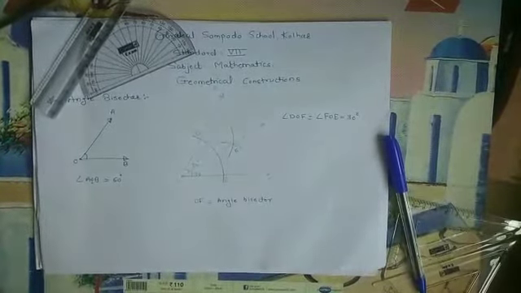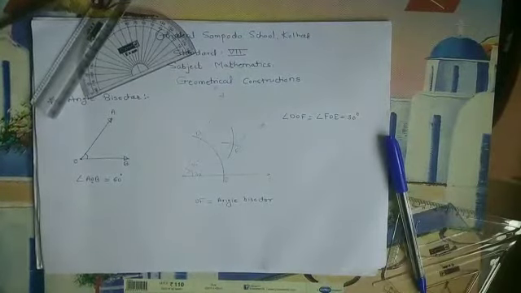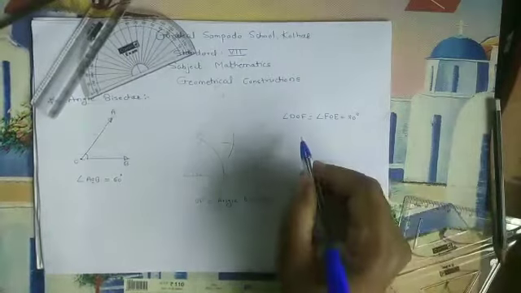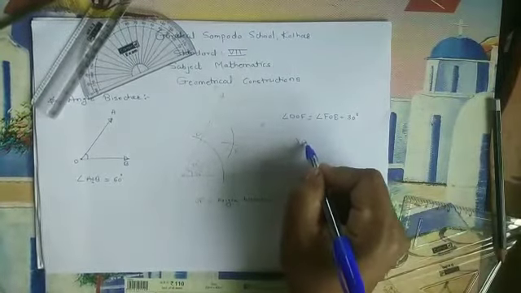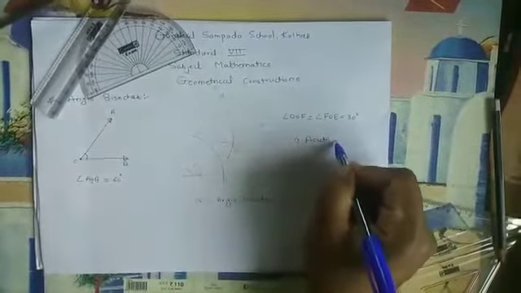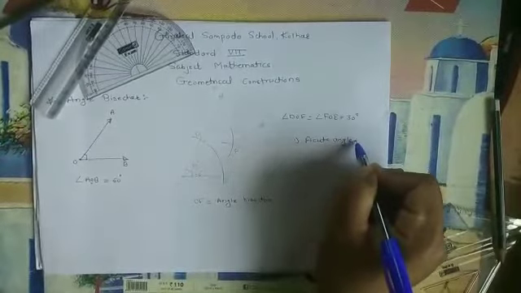Now I hope all of you understood how to divide an angle. I am also going to cover a short topic. Angles are generally of three types. The first type is the acute angle. What is meant by an acute angle?